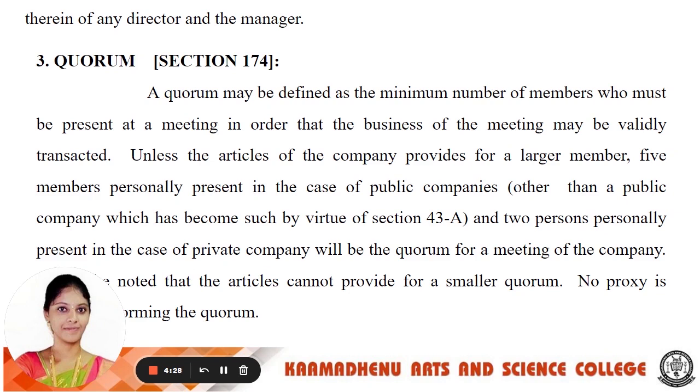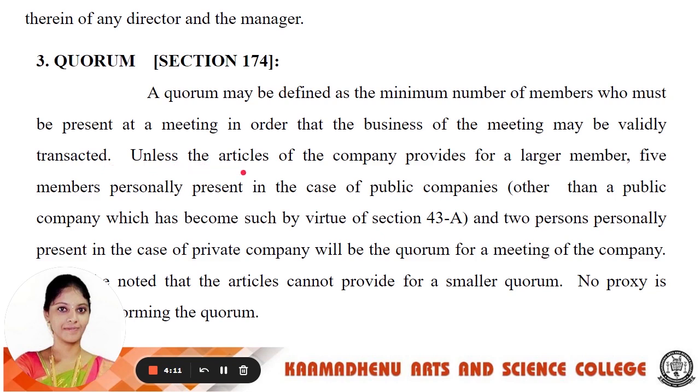The next requisite is quorum under Section 174. A quorum may be defined as the minimum number of members who must be present at a meeting in order that the business of the meeting may be validly transacted.